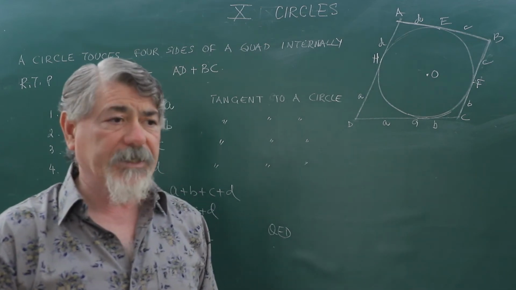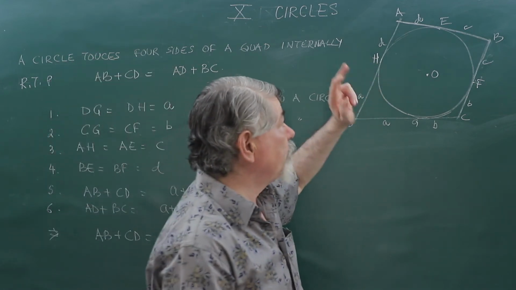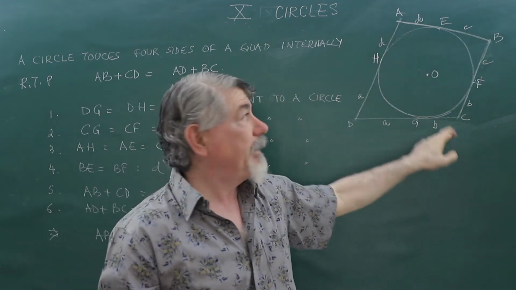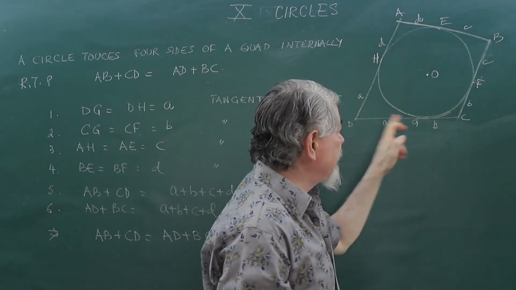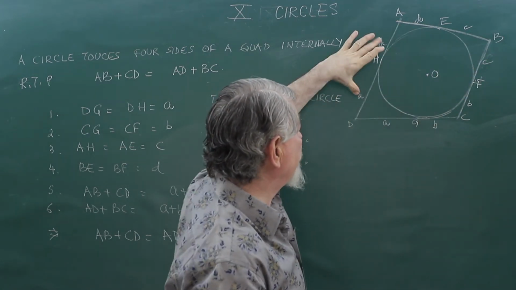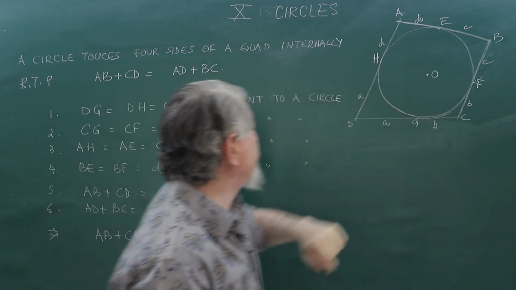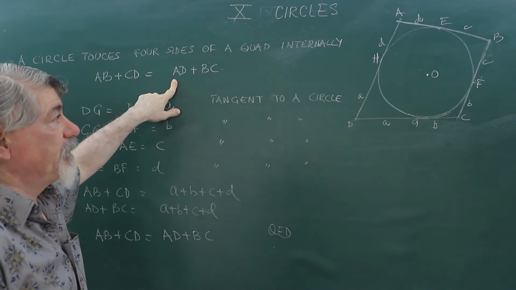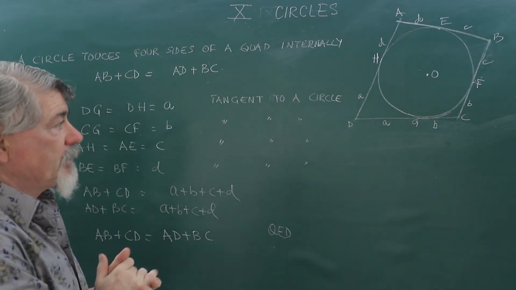Now what does the question want? It wants you to prove that AB plus CD is equal to AD plus BC. I have written certain things.